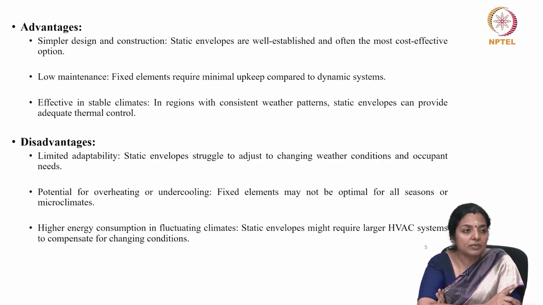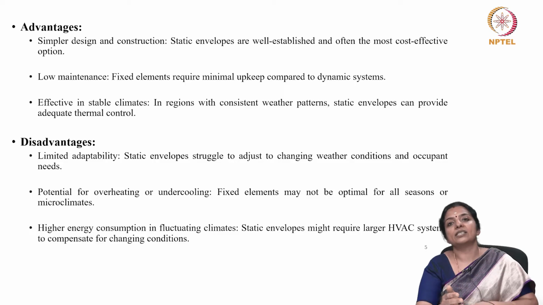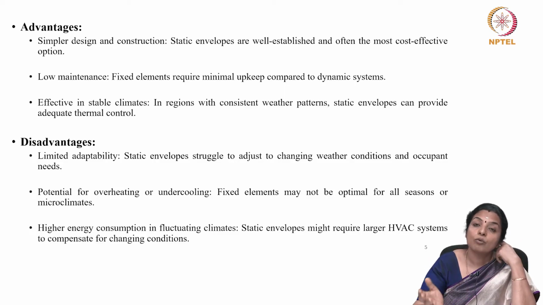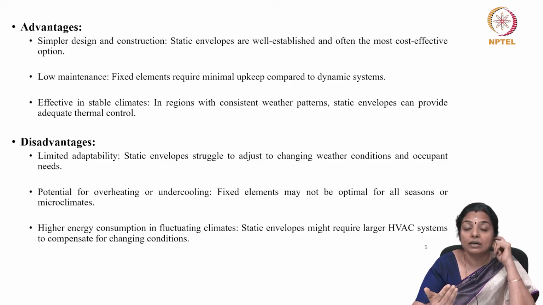Because of this, it can result in high energy consumption, because the requirement of indoor cooling may become high during certain months and the requirement for daylighting can become high for certain periods of the day or for certain times of the year.